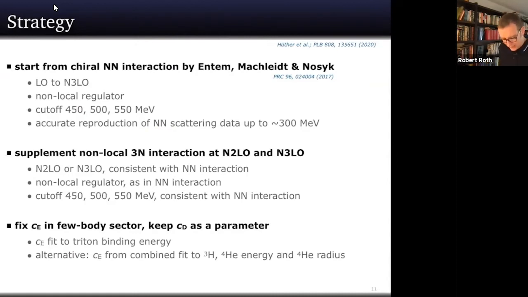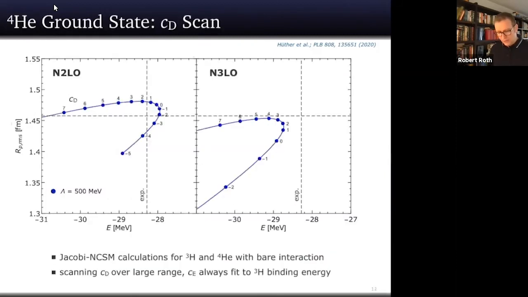We'll see that. So the main point, or our change in strategy, was we start to play with the CD parameter and see what different choices of CD give us in terms of observables of different nuclei. You can start playing this game for helium-4. This is the simplest nucleus beyond the three-body system.